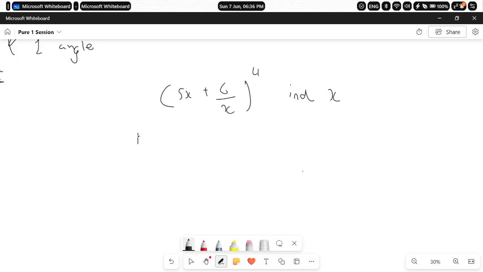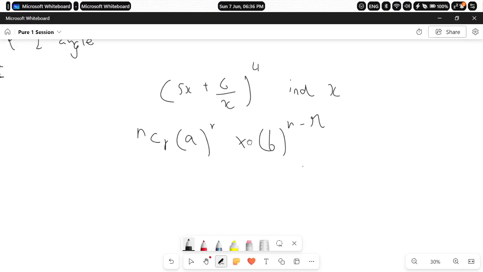In this you just use the formula nCr, a raised to r times b raised to n minus r. So in this, you don't really have to use a formula. You can tell that when r is 2, that's when you'll get a term independent of x.